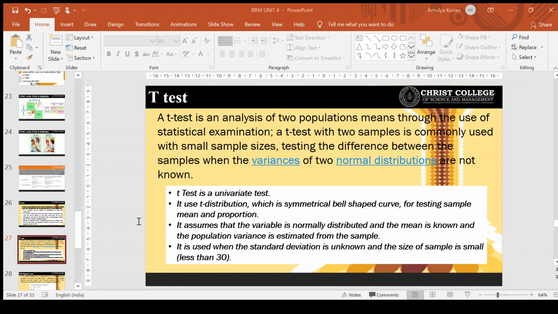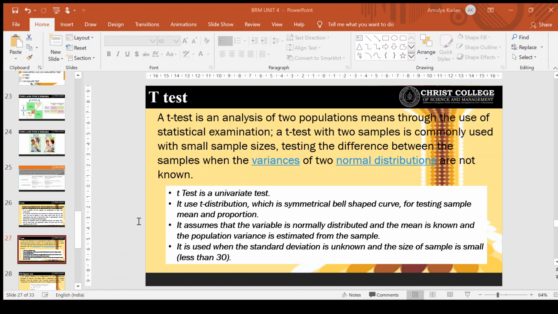So in t distribution we are considering that the standard deviation of the population is not known, that is unknown. It is normally distributed just like Z test and the size is less than 30. The sample size is less than 30. In these cases we will be using t distribution.